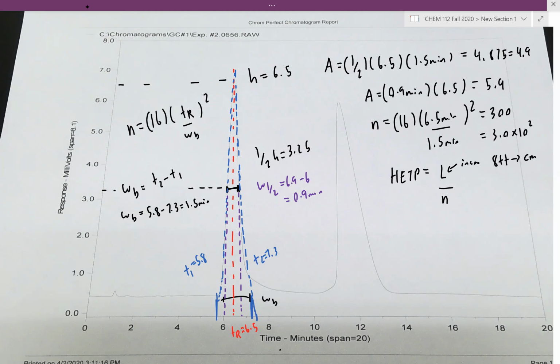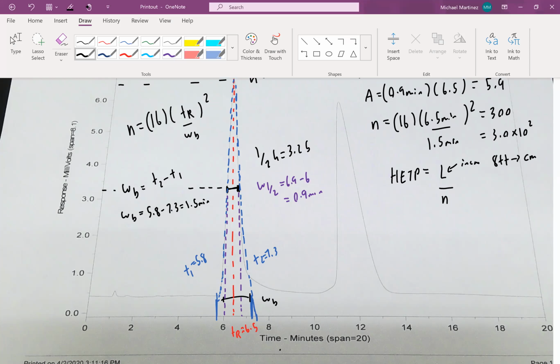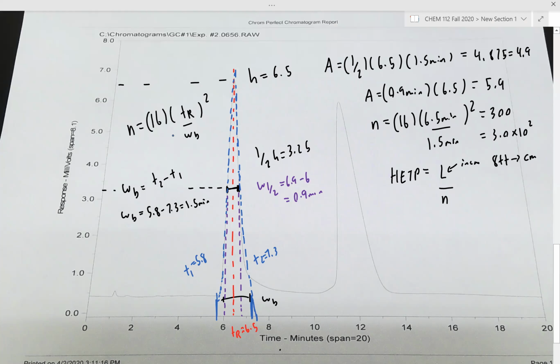Let's analyze the second peak just for completeness. So I'm going to quickly draw both of my tangent lines.